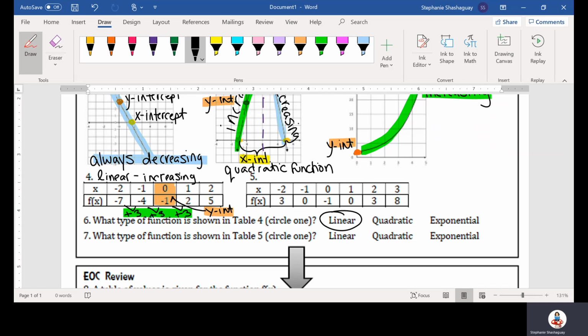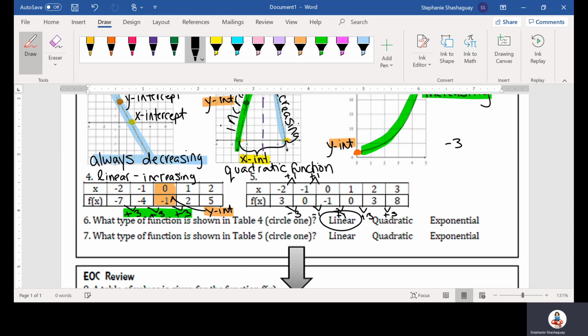All right, in table number 5, I'm going up by 1s. I'm adding 1 to my x values. However, with my y values, I subtract 3, then I subtract 1, then I add 1, then I add 3, then I add 5. So I'm going to write it over here to the side.